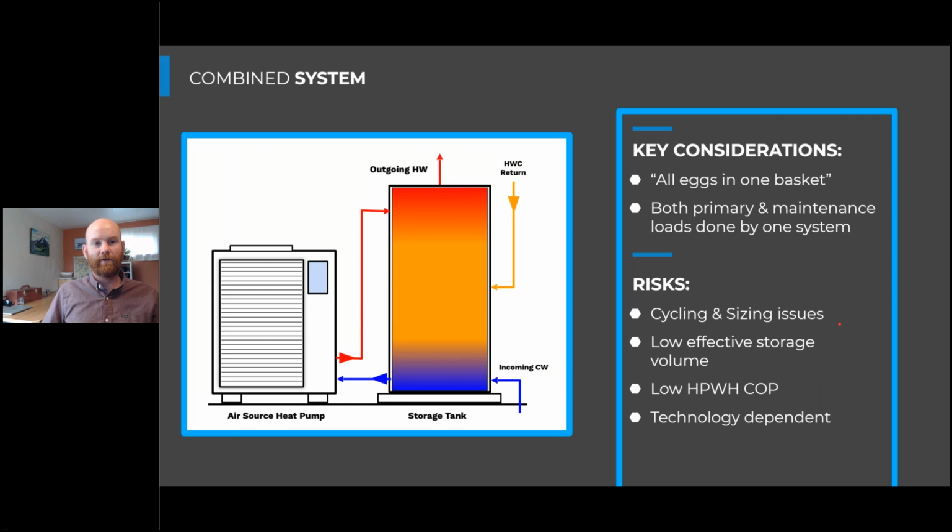I believe the Seattle Energy Code requires a multi-pass heat pump water heater for this design configuration I'm showing on the screen. And if you choose to go down that route, please just be conscious about the sizing, the cycling, the lower storage volume, and what technology and refrigerant you're utilizing.